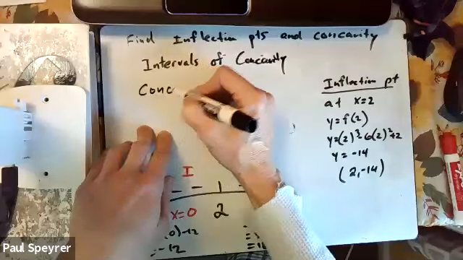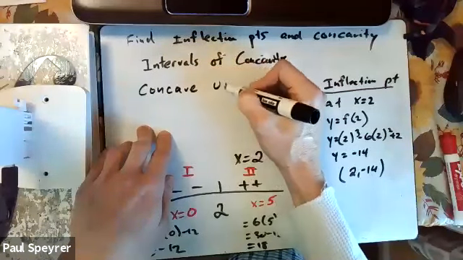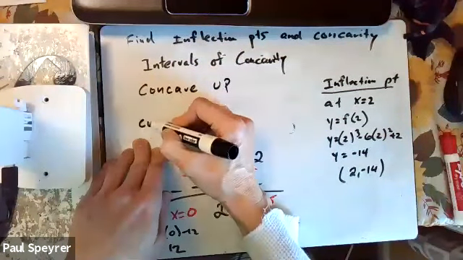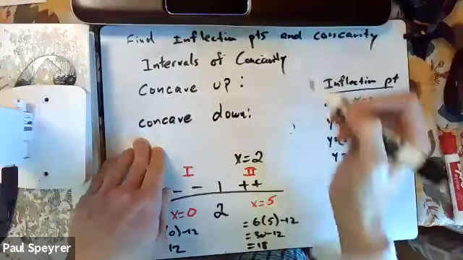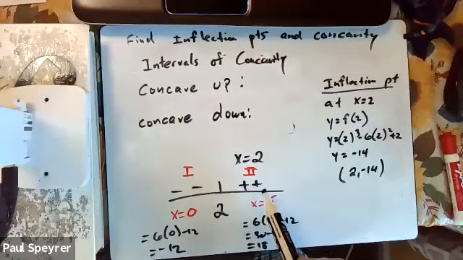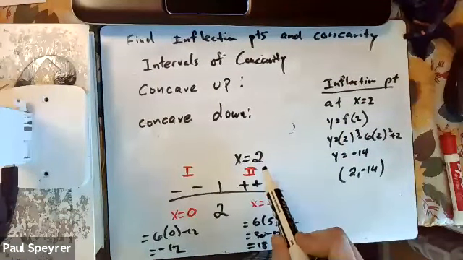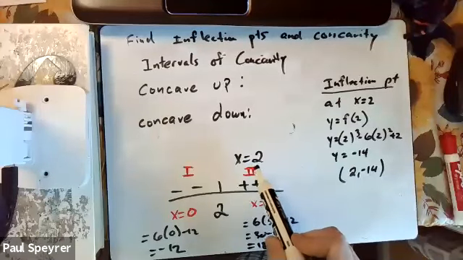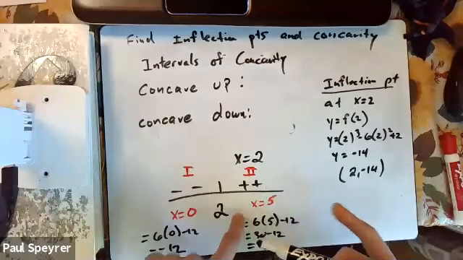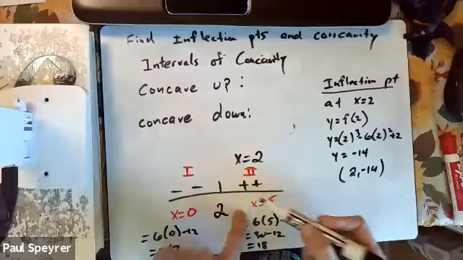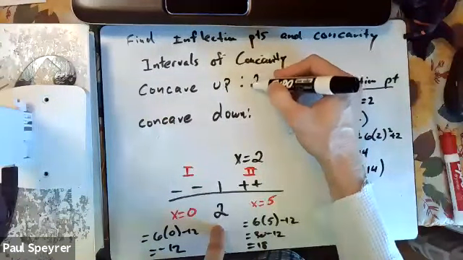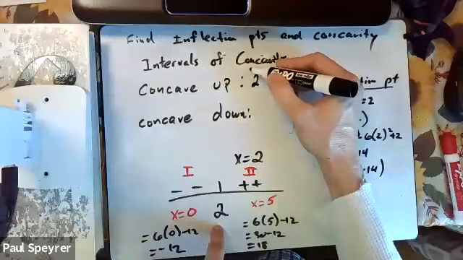So concave up and concave down. So it's concaving up wherever you have the plus signs, right? Just like how we did intervals of increasing, you look for the plus signs. So where did it begin to be positive? You have the plus signs starting at x equals 2. And you're going to have parentheses around these numbers all the time, just like with the increasing and decreasing.